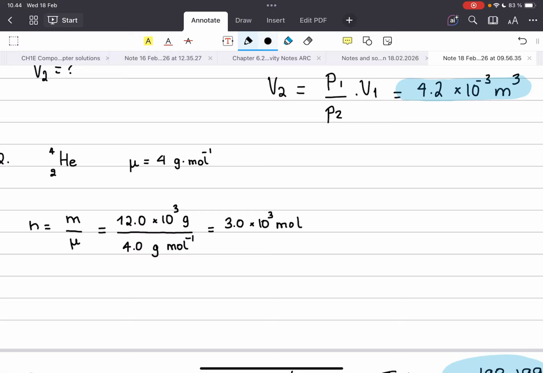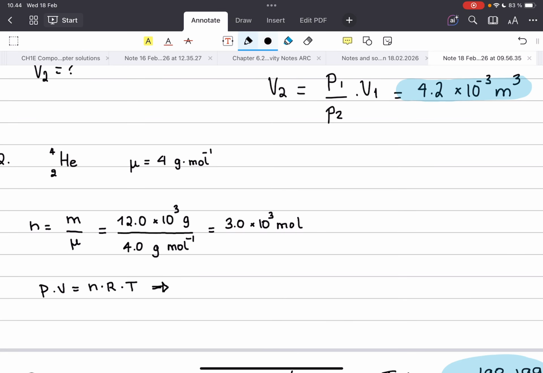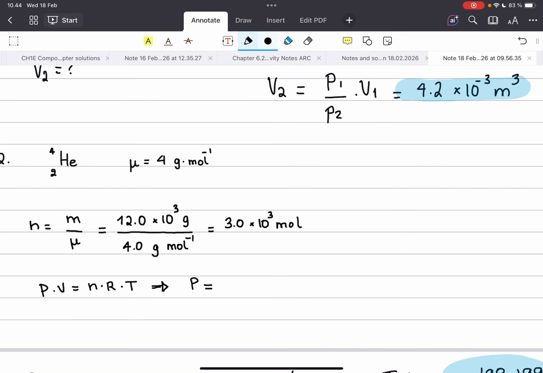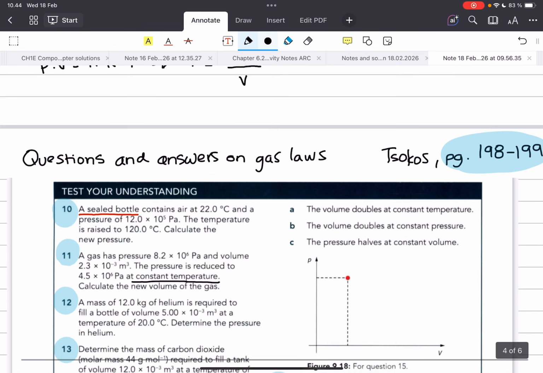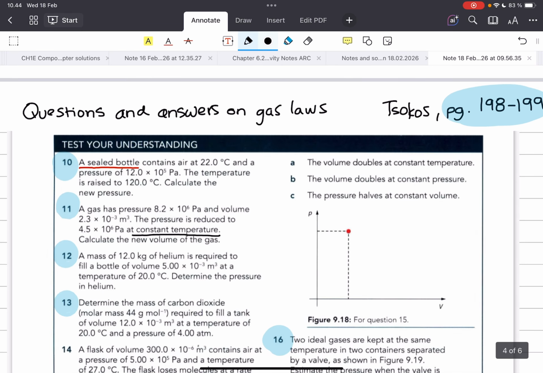Now, from the gas laws, you have PV equals nRT, and they're asking you for the pressure. So the pressure P is going to be nRT over V. And if we go back and we look, it tells you exactly what's the temperature.